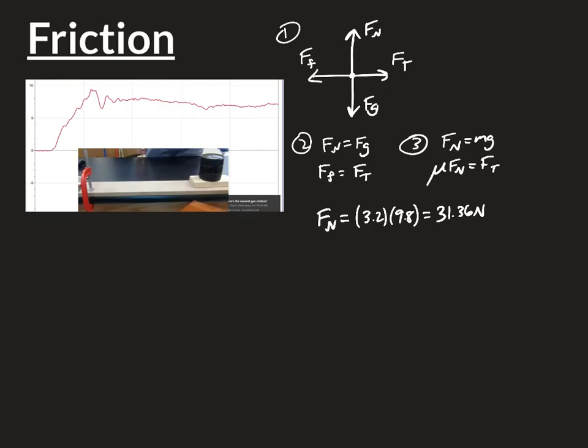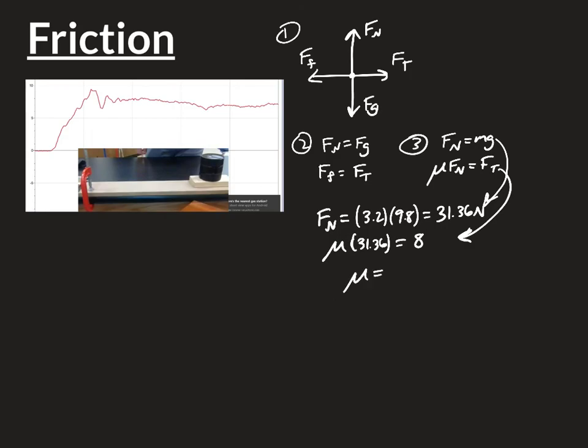Now that was my first equation, now if I take my second equation, that relates to the left and right forces, I've got coefficient times the 31.36 equals tension. So for the sliding part of this motion, what was the tension read in my graph? Well, it averaged somewhere around 8 newtons, like we said earlier.